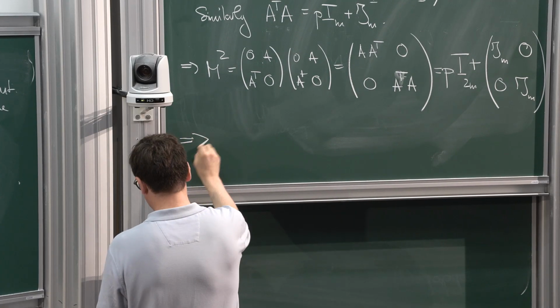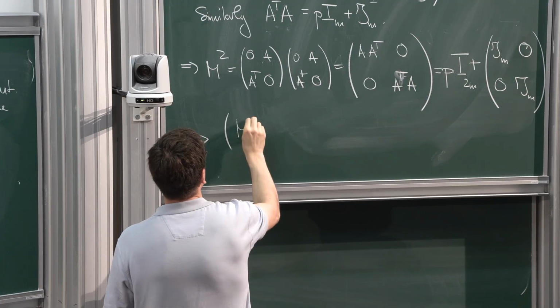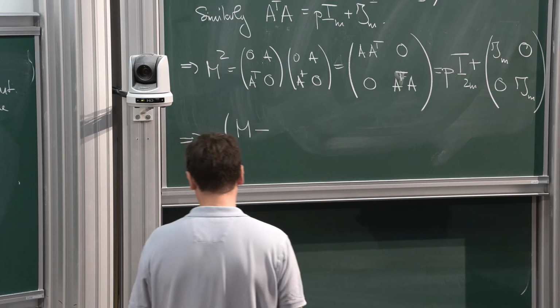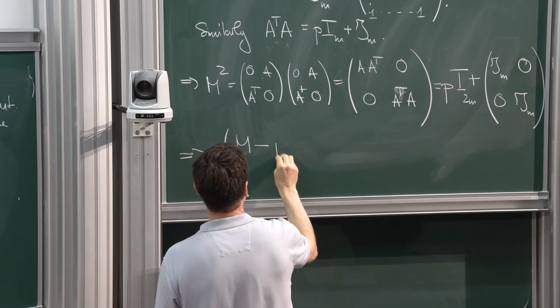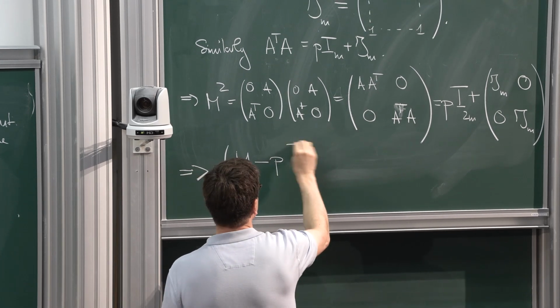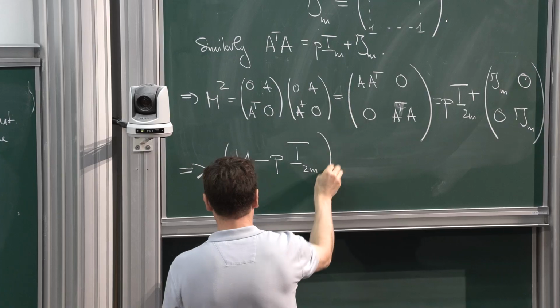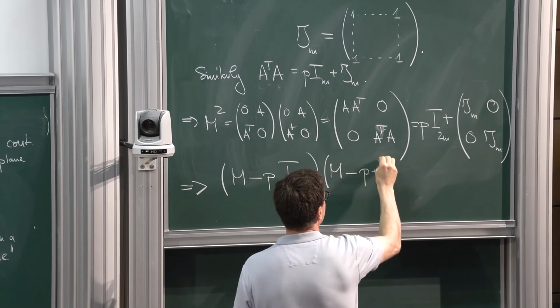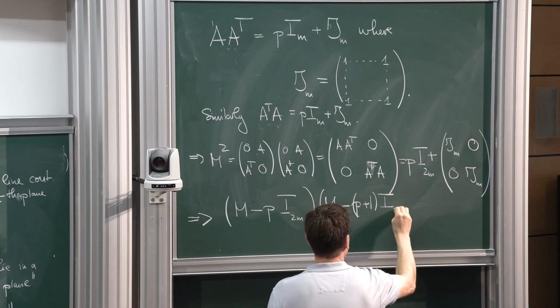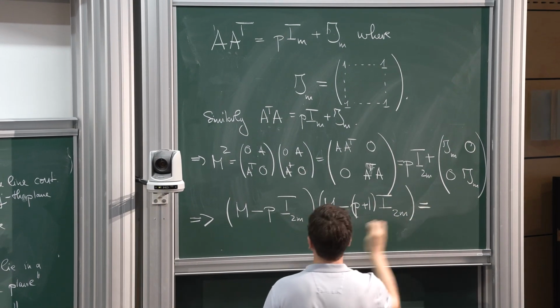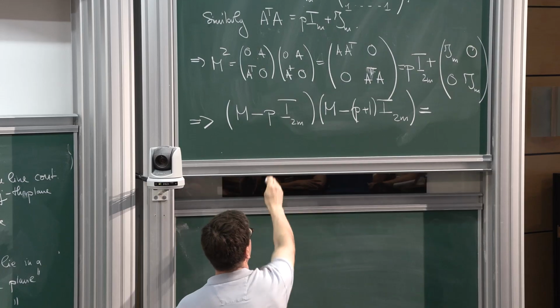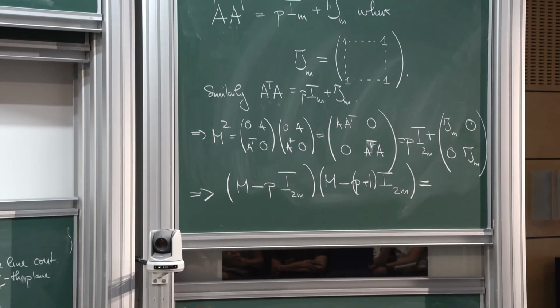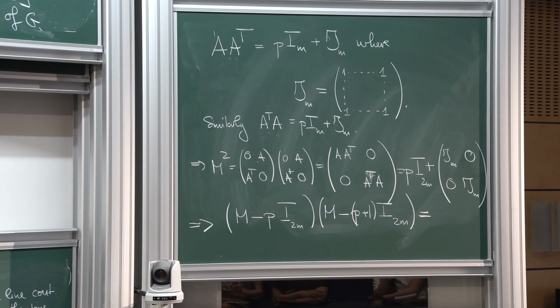But what you get now, the clever way to set this up is to look at the following expression. So I'm computing this product of matrices here. Let me write what we get.